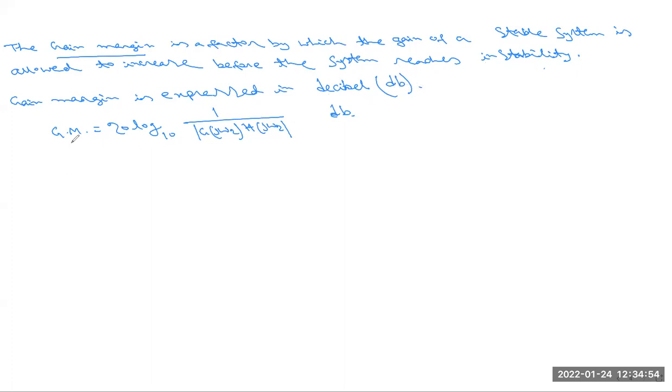And this is the expression: Gm, the gain margin, equals 20 log 10 of 1 by the magnitude of G(j omega 2) H(j omega 2), expressed in decibels. So for stable system, is it clear to all of you?